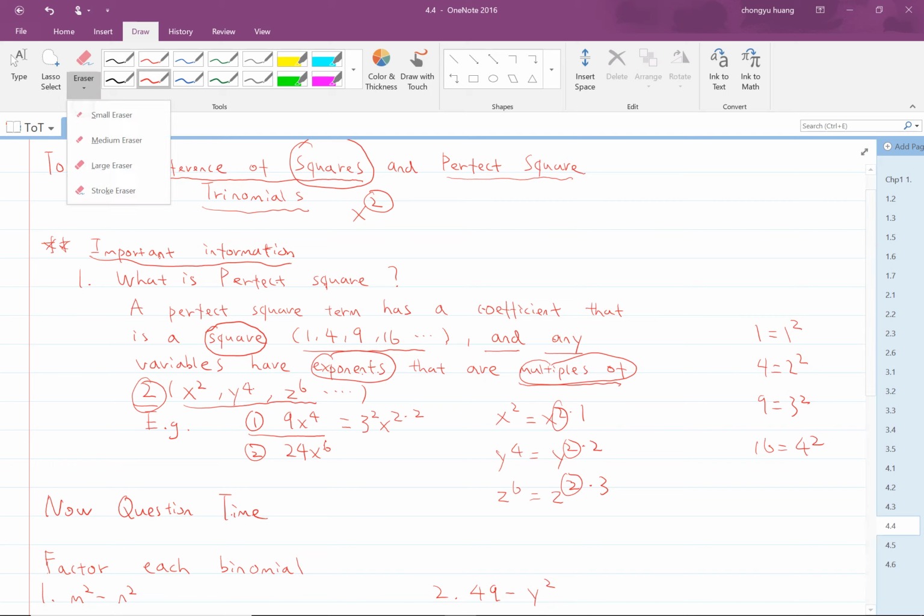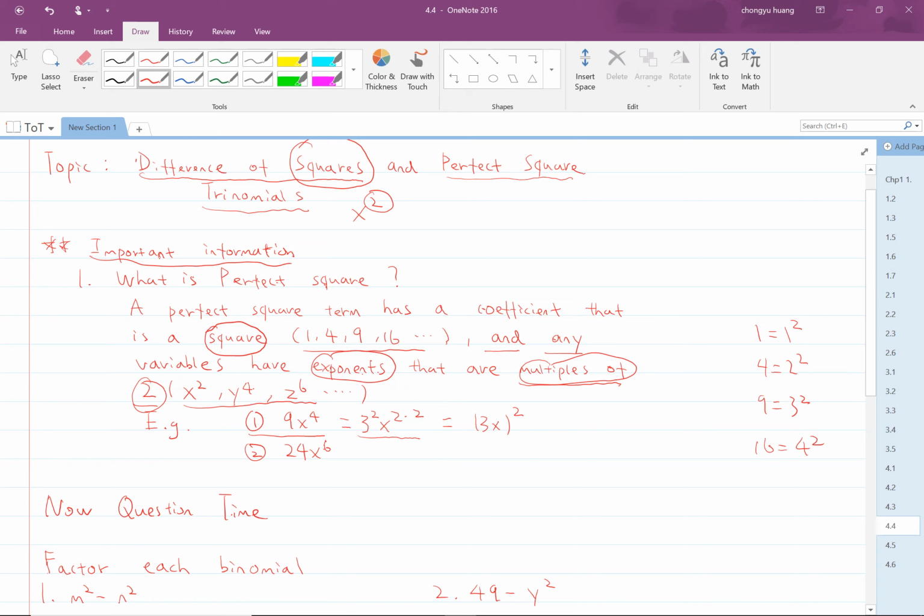Let me erase this part. We can factor this to become 3 to the power 2 and x to the power 2 multiplied by 2.